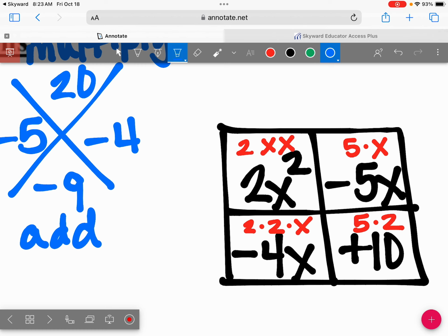Okay, so we have a 2 and an x that we can take out of the first column.